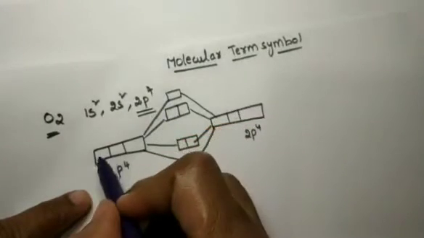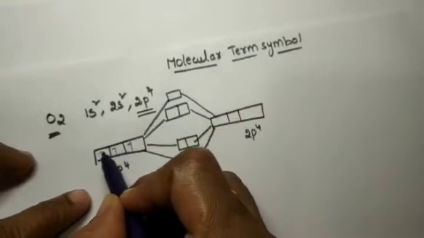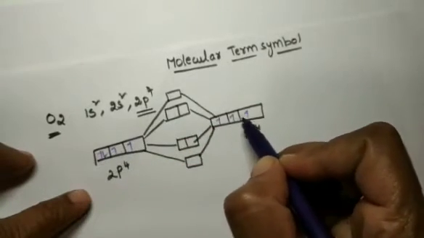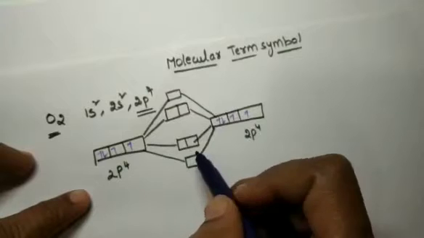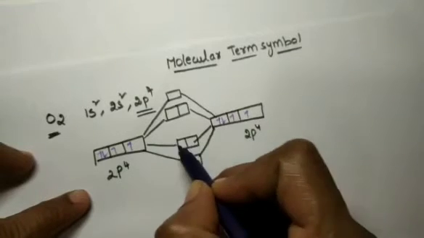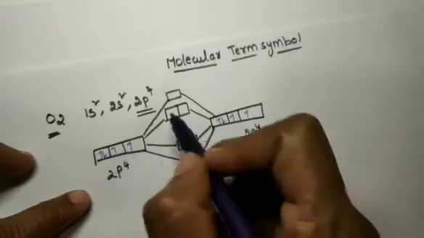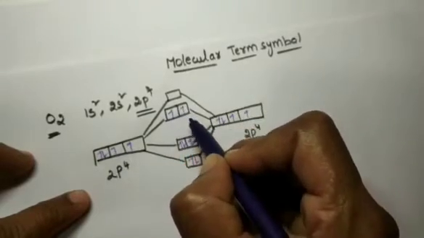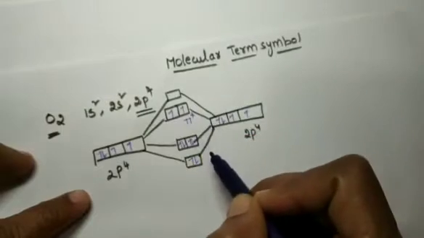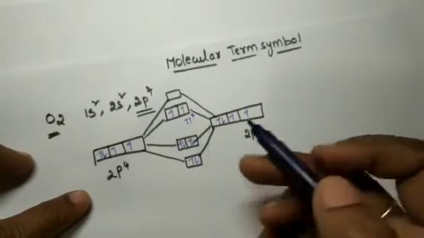We have 4 electrons, 1, 2, 3, 4, and 1, 2, 3, 4. We fill 1, 2, 3, 4, 5, 6. 6 electrons here, total 8 electrons, 6, 7, 8. These are pi star orbitals, antibonding orbitals.